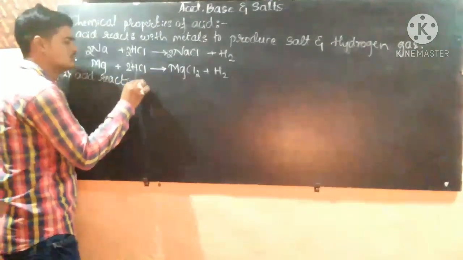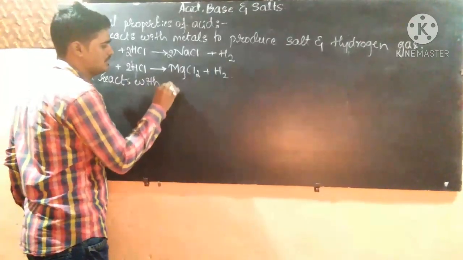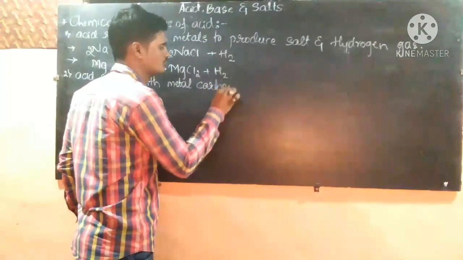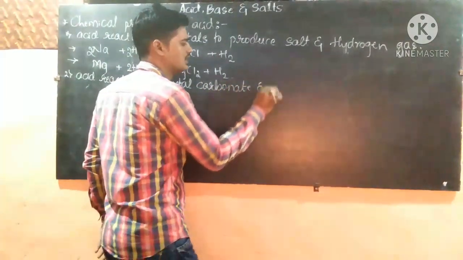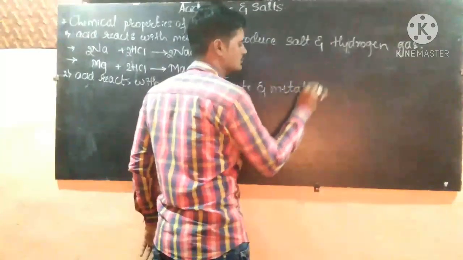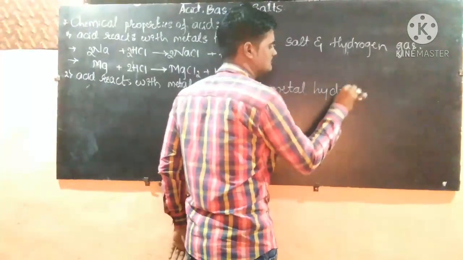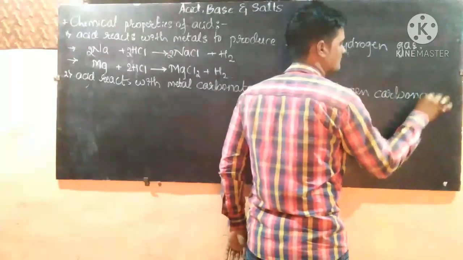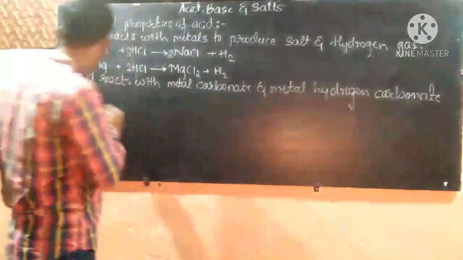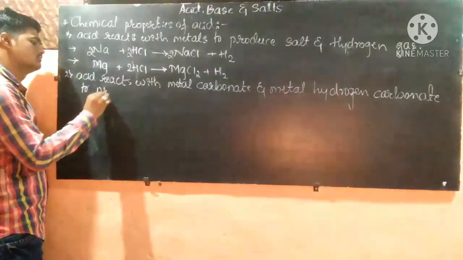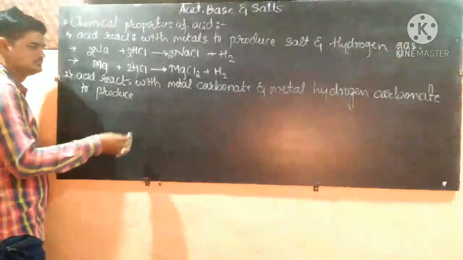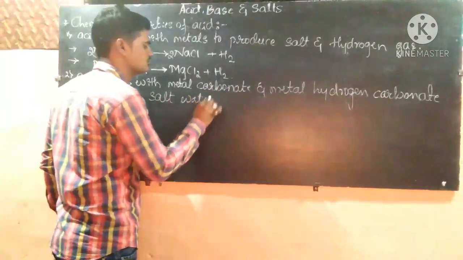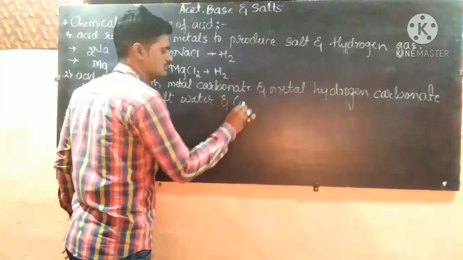Acid reacts with metal carbonate and metal hydrogen carbonate to produce salt, water and carbon dioxide.